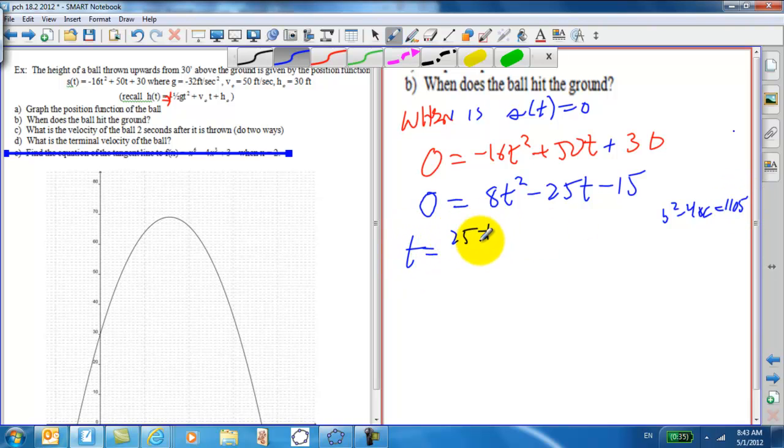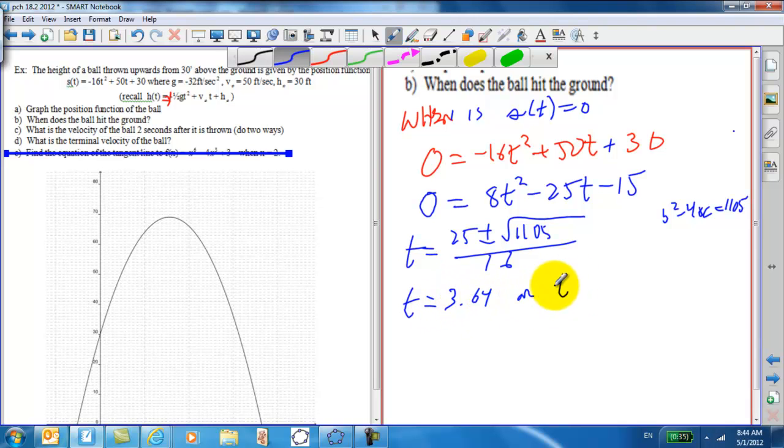So we go to the quadratic formula. 25 plus or minus the square root of 1105 over 16. One answer is 25 plus the square root of 1105 over 16, and you get 3.64.